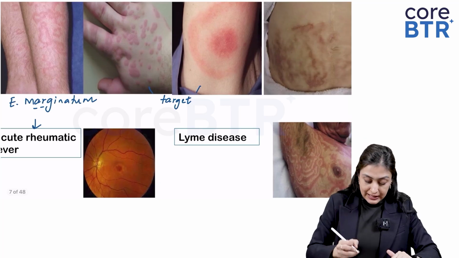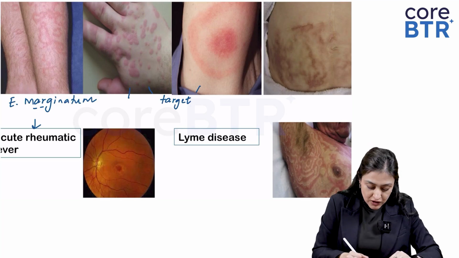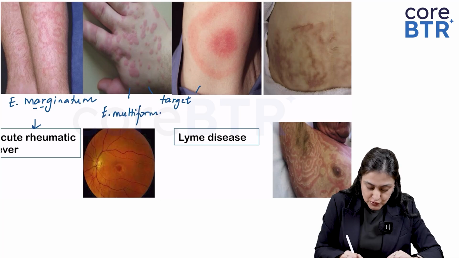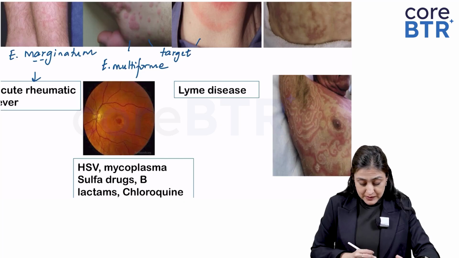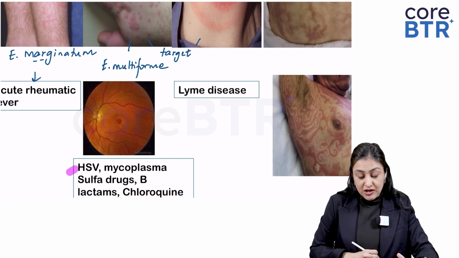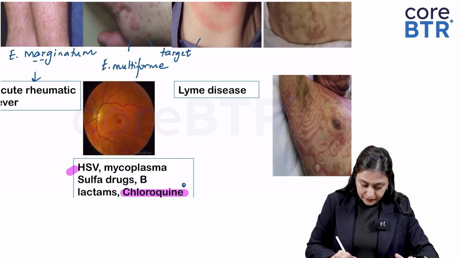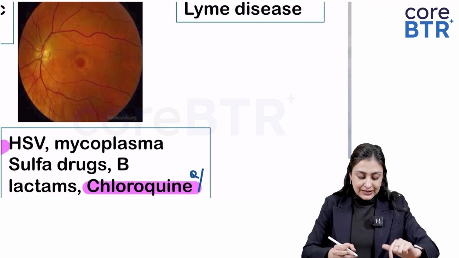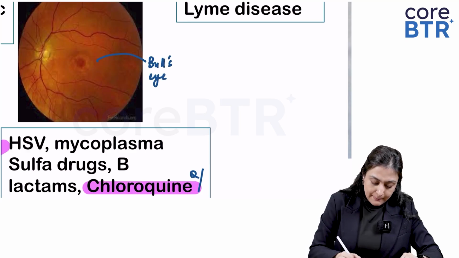The first one, where you see associations with some infections or drugs, this is erythema multiforme, right? So this is multiforme. This is associated with herpes, mycoplasma, associated with sulfa drugs, beta-lactams, chloroquine. Chloroquine is a PYQ. Now, easy to remember because chloroquine produces target in the hand also, target in the eye also. What is this? This is bull's eye maculopathy.